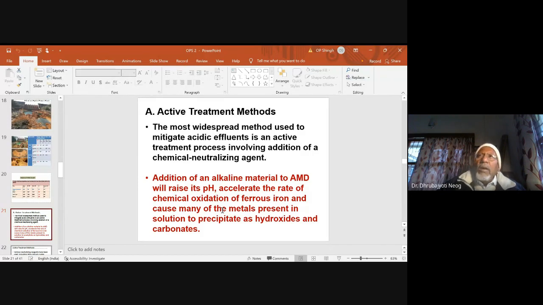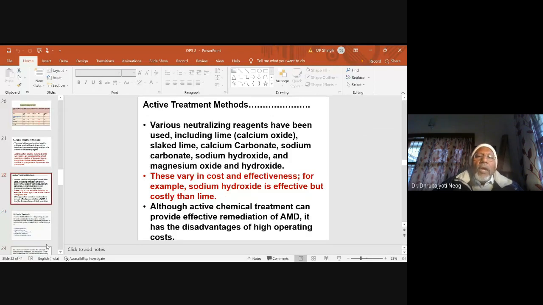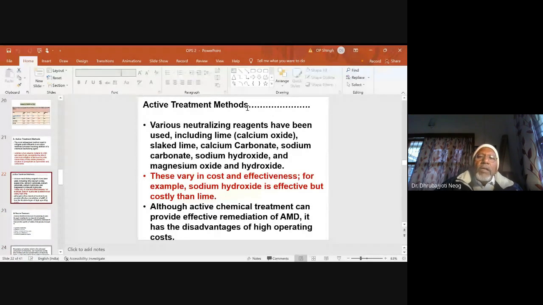And this way, the impurities settle at the bottom and water becomes neutral. In the active treatment method, various chemicals are used like lime or slaked lime, calcium carbonate, sodium hydroxide, and magnesium oxide or hydroxide.